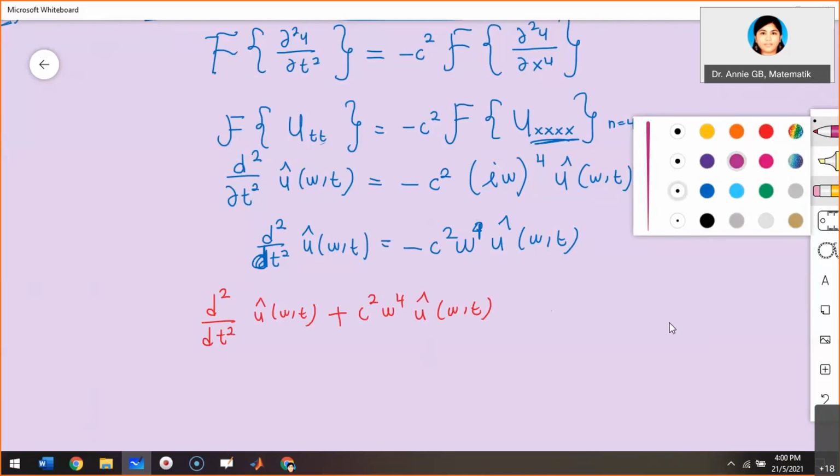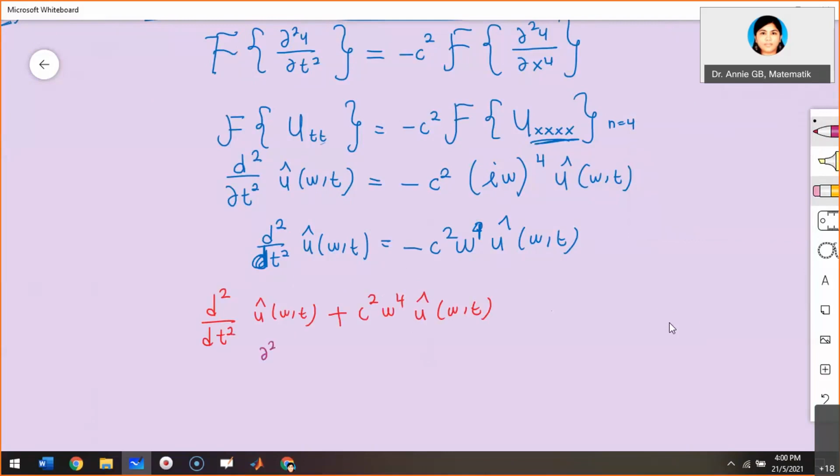Kita akan dapat y double prime plus c squared omega to the 4 y. Setuju tak? Sebab dia derivative. Second derivative here for the u and no derivative here.